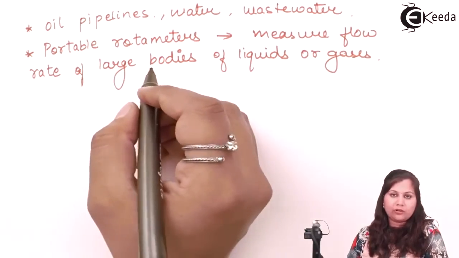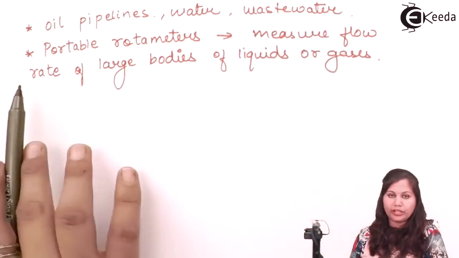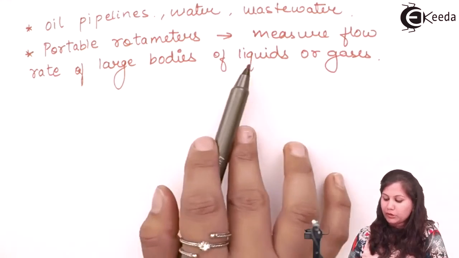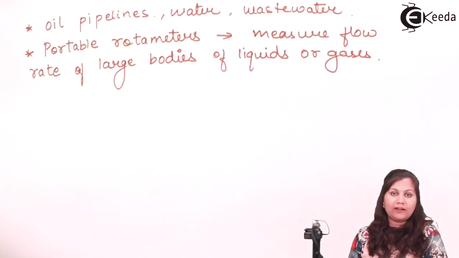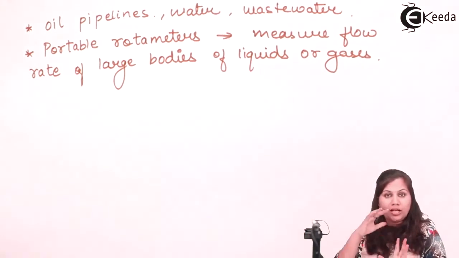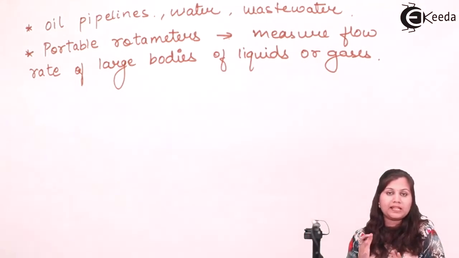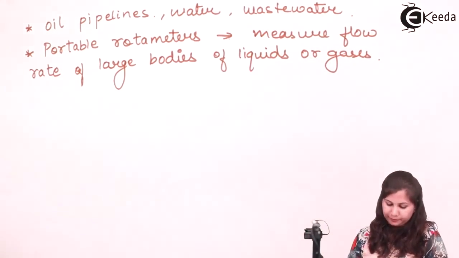Portable rotameters can also be constructed, which are used to measure the flow rate of large bodies of liquids or gases. In liquids we have the rivers and oceans, and in gases we have the atmosphere. So for large amounts of liquids and gases, portable rotameters can be used.